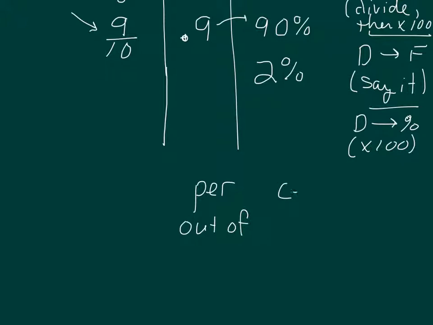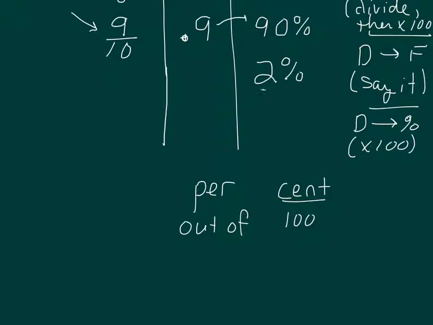The cent part of it means 100. Just like there's 100 cents in a dollar, there's 100 years in a century, there's 100 legs on a centipede. There's not really, but it looks like there's 100, and I think that's why they call it a centipede. Anyway, cent means 100. So per cent means out of 100.